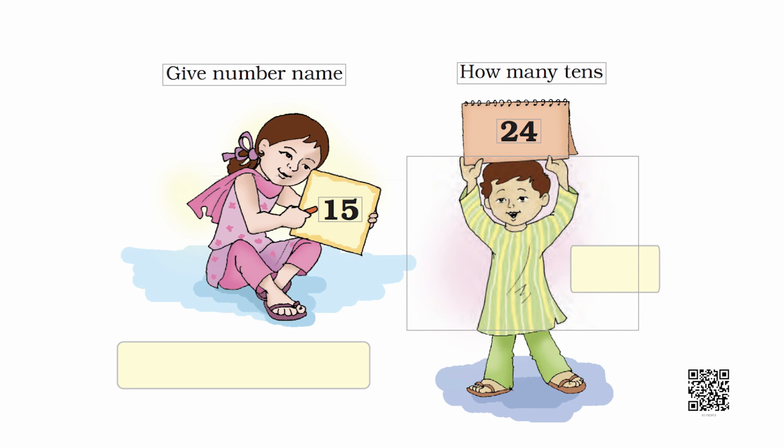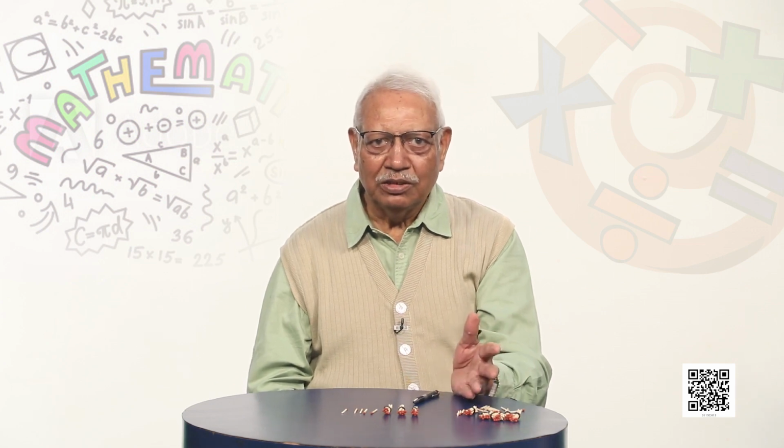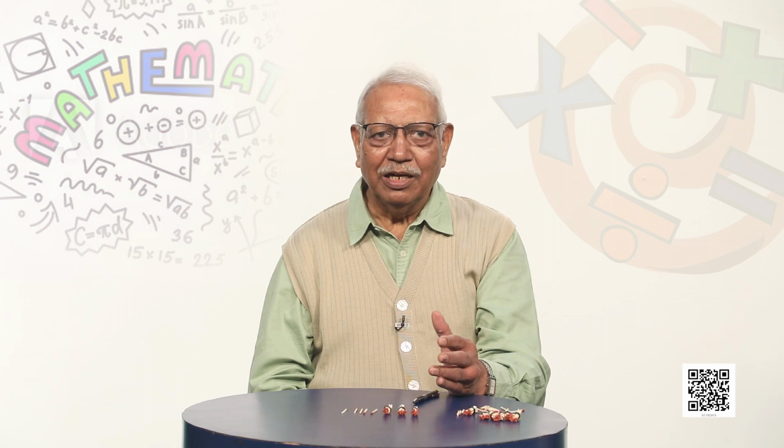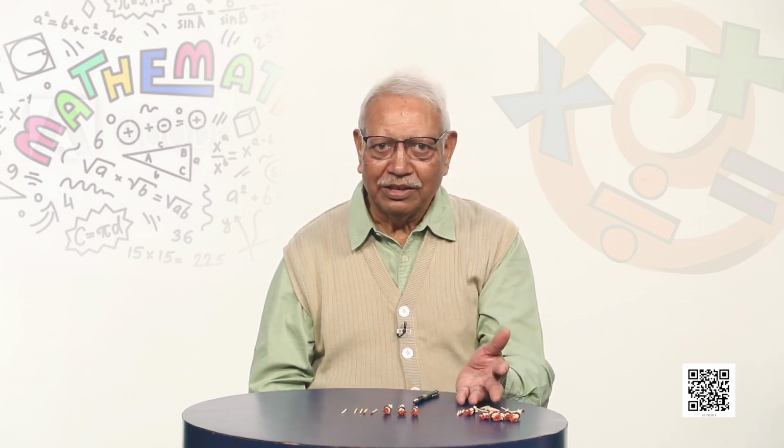So, 1 ten means 10, 11, 12, 13, 14 and 15. So, we will speak this number as 15. It is that way easy, because you have to first count the number of tens and then count the number of ones and then speak them together.